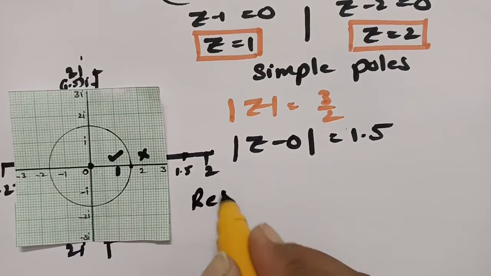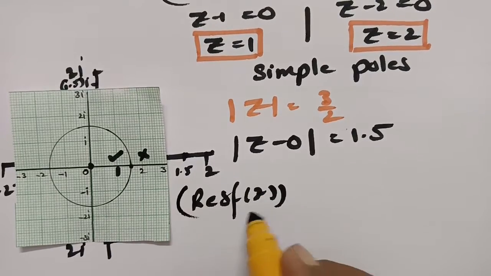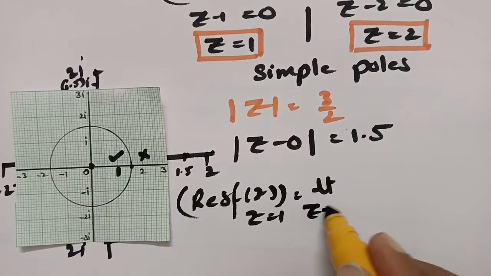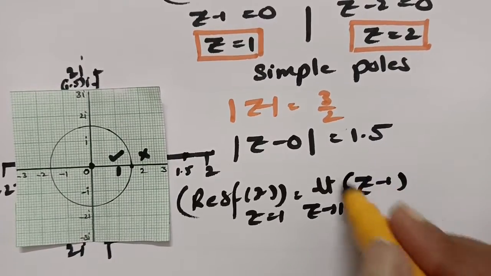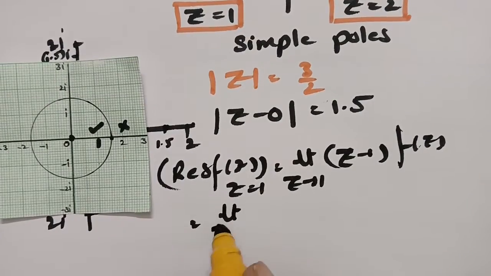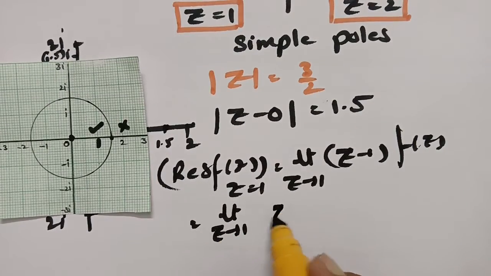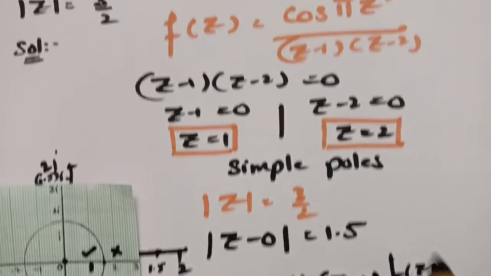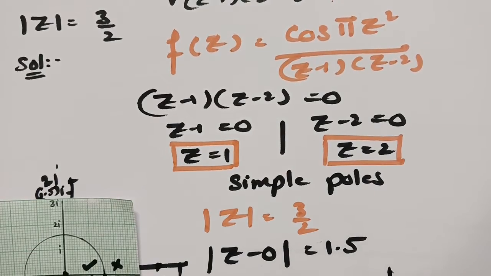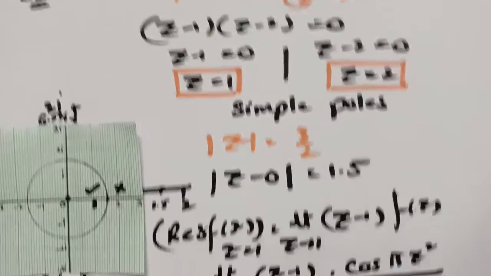In order to find the residue of f(z) at z = 1, what is the formula? It is the limit as z tends to 1 of (z−1) f(z). What is our f(z)? It is cos(πz²) / ((z−1)(z−2)).